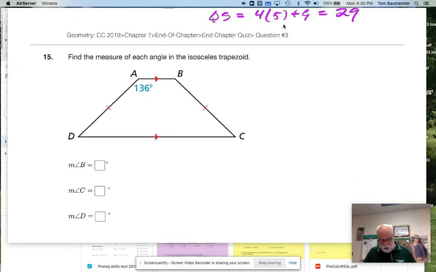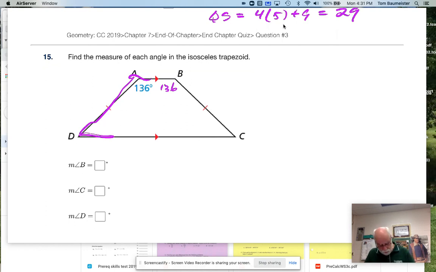Let's see, 15, find the measure of each angle in the isosceles trapezoid. So remember, they're parallel. The isosceles just tells us that the two sides are the same length. All right. The two sides are the same length, then we know that the base angles are the same. So if A is at 136, you know that B is also at 136. And just like I showed you before, that makes a C there, right?